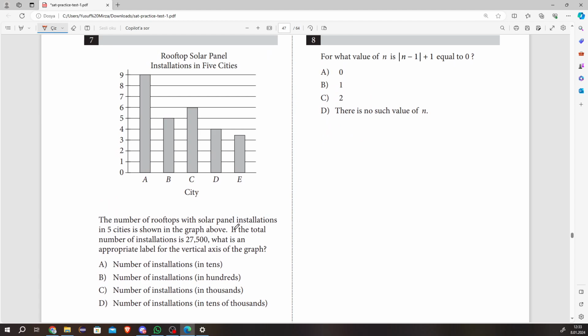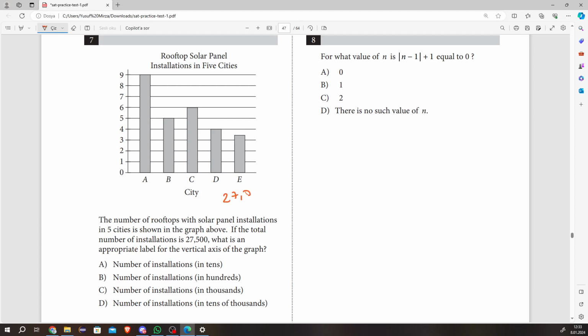The number of footballs we saw per usage in total for the axis of the graph. So let's add them together. Let's add A, B, C, D. 9, 40, 20, 24.